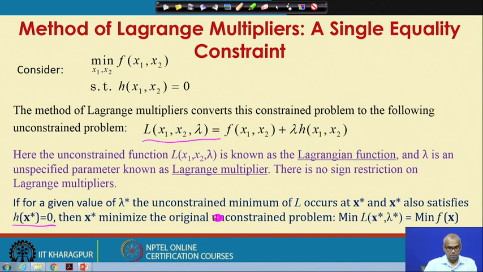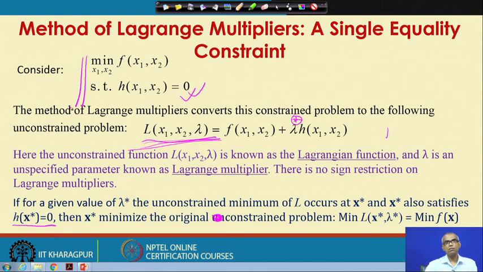Let me repeat: x star not only minimizes the unconstrained Lagrangian function, but also minimizes the original constrained problem.